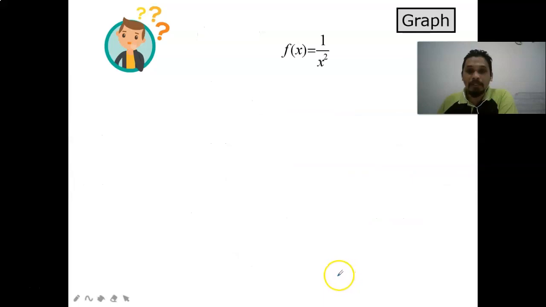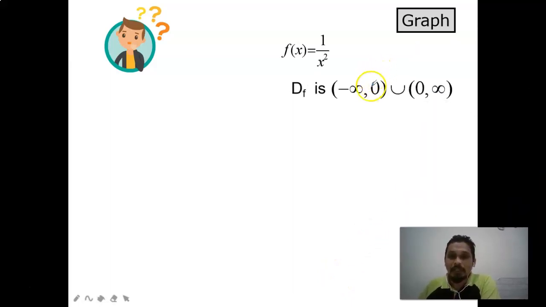Then from the graph of this, the domain is all the values of x, we call it real numbers, except when x equals 0, because 0 squared is 0, so 1 over 0 is undefined.